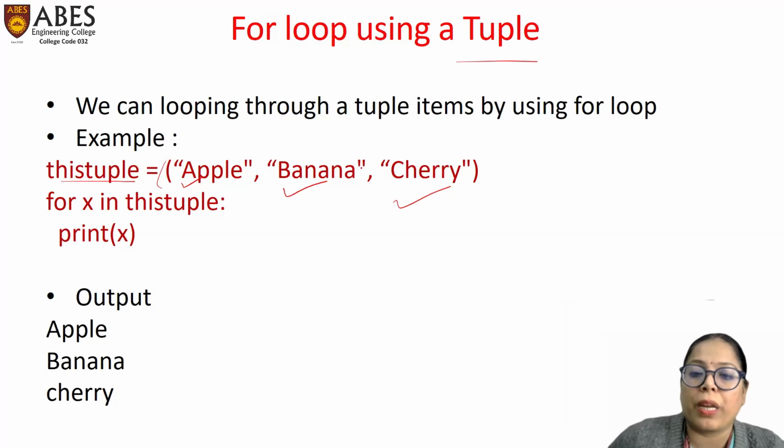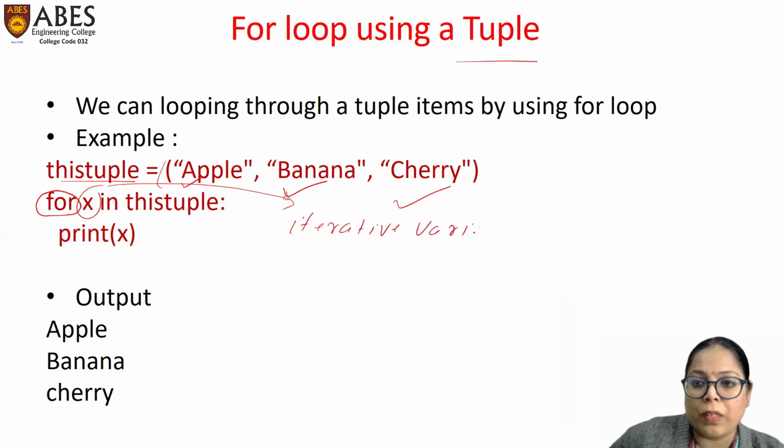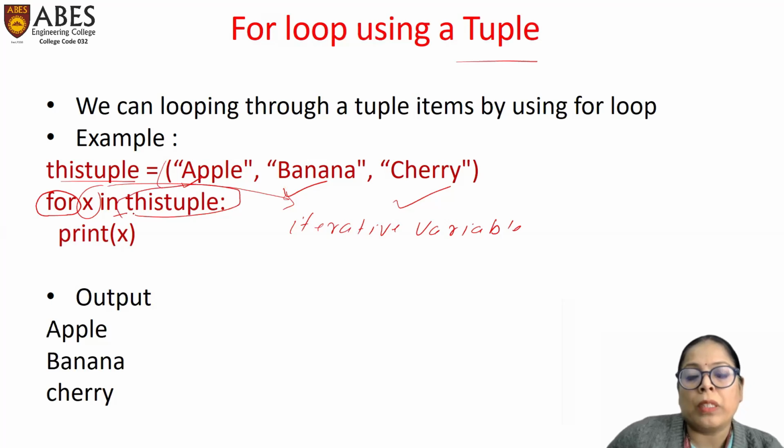We use parenthesis brackets for tuple. Now we are using for loop. For is the keyword, x is again your iterative variable, in, and then it will check in this tuple for the element.